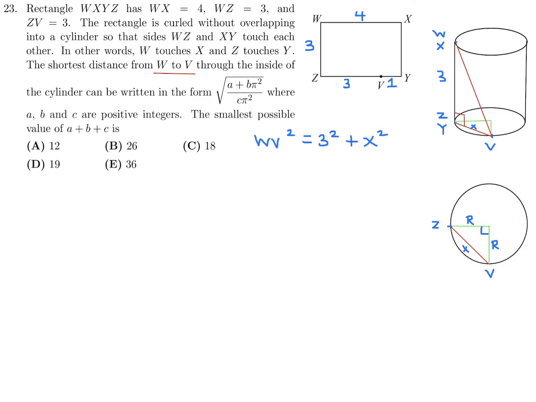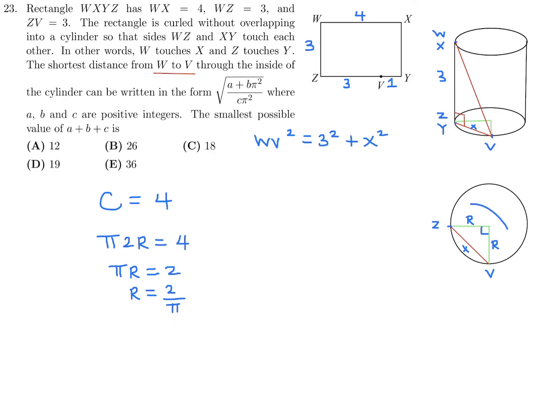So the circumference of the circle is equal to 4. And we know that circumference is equal to pi times 2 times the radius, and that's equal to 4. So solving, we get pi r is equal to 2, and therefore r is equal to 2 over pi.